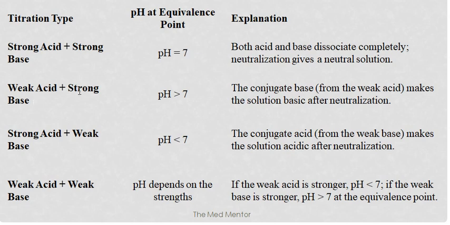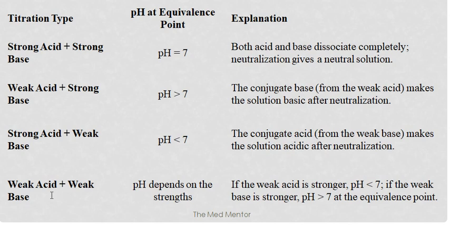Second, weak acid and strong base. Obviously the pH is more than 7 because of conjugate base formation. Again, strong acid and weak base: in that case the pH is less than 7 because the conjugate acid is formed.